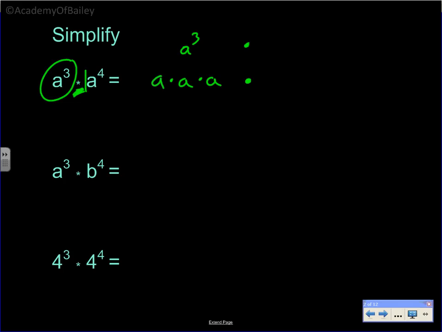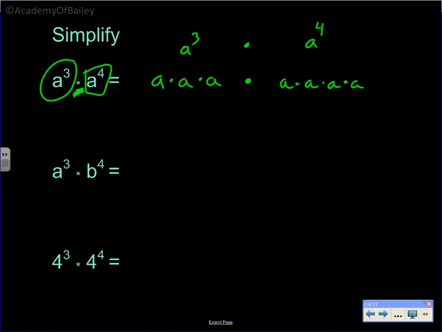And then now let's look at a to the fourth. A to the fourth means a times a times a times a. We have four a's being multiplied by themselves. That's a to the fourth.